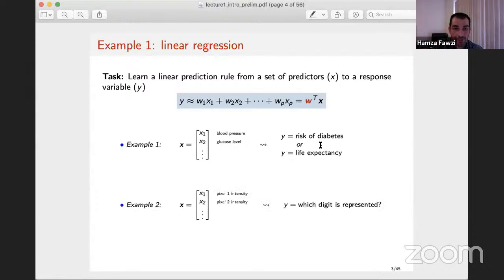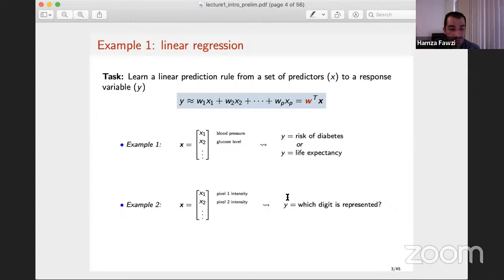Another example could be that you have a certain image, and you can represent it as a very long vector where each component gives you the intensity of a pixel. The response Y that you would like to know is some semantic information about the image.